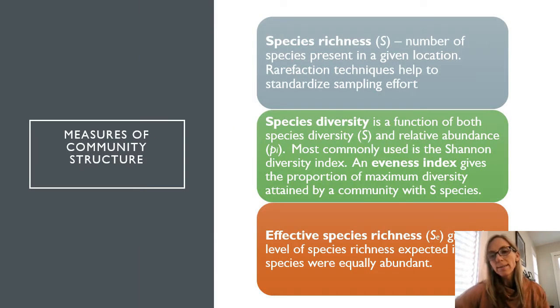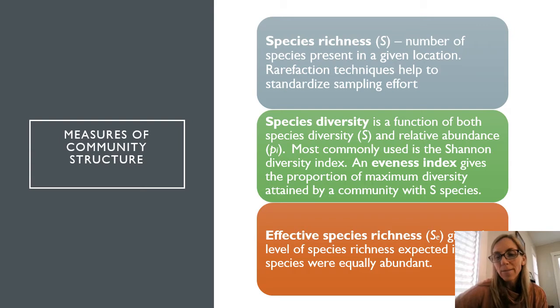There are a few metrics that we see used in understanding community dynamics, and specifically diversity of species. Species richness is the number of species present in a given location. This measure is obviously sensitive to sampling effort.